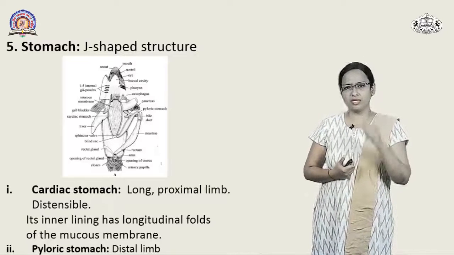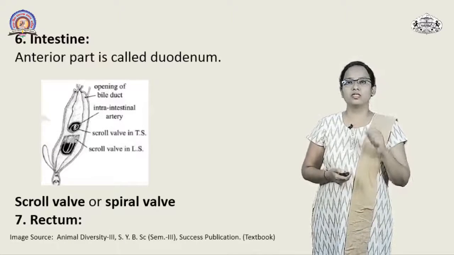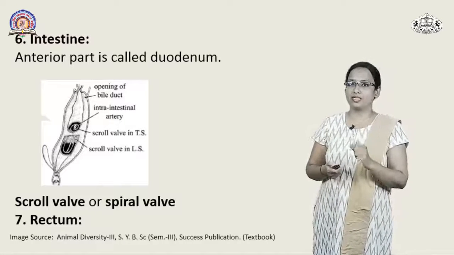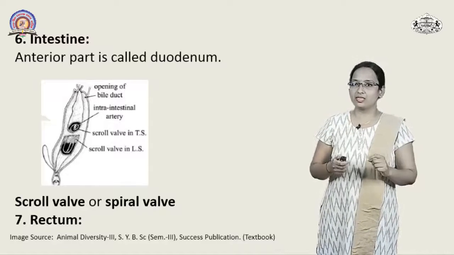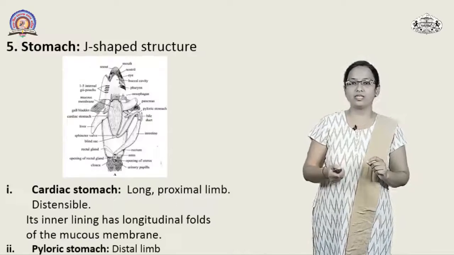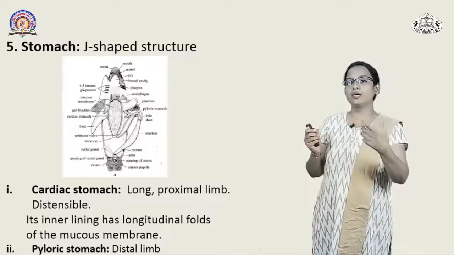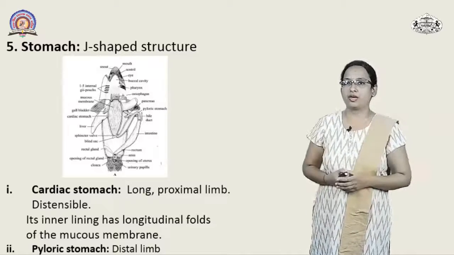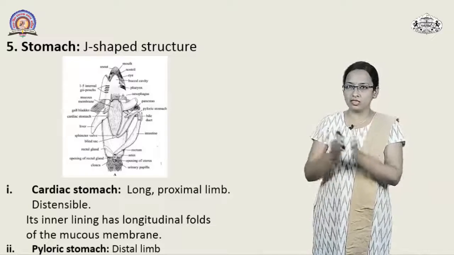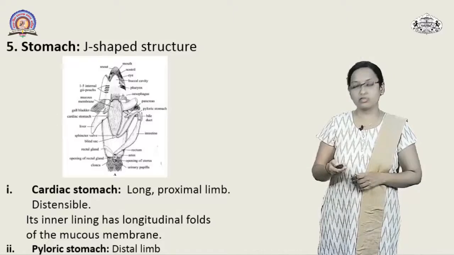Now the pyloric stomach is going to open into the intestine. If you see in this diagram, the size of the intestine is going to be near about that of the cardiac stomach. In this diagram it is shown a bit narrower, but yes, it is a wide tube, as wide as the cardiac stomach.